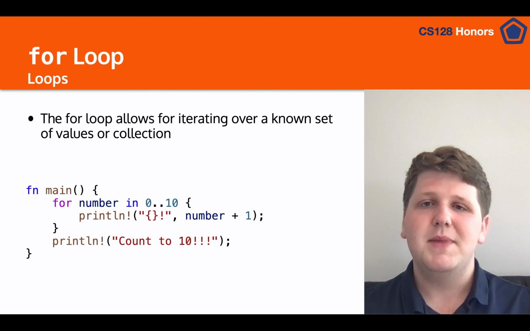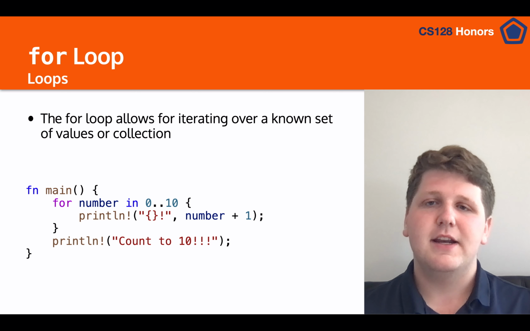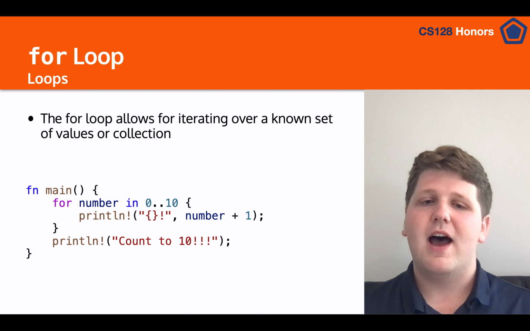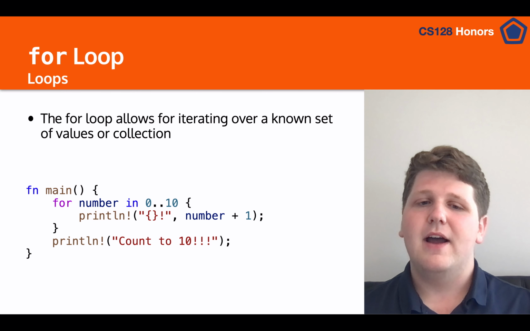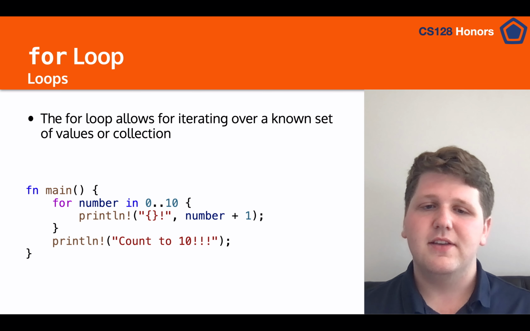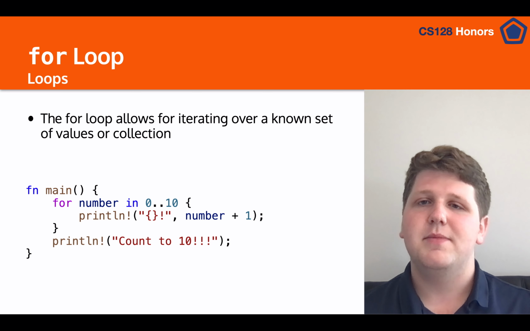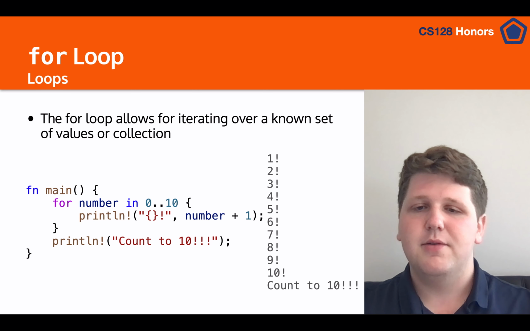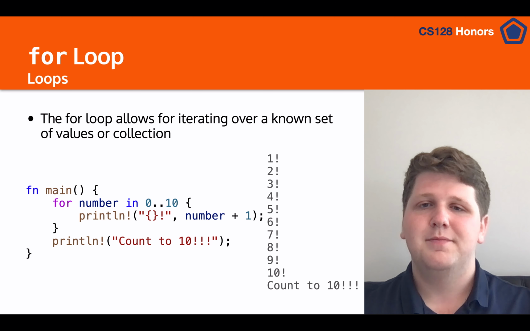What that essentially means is that it starts at 0 and will go up to but not including 10. This would be similar to saying for int i is equal to 0, i is less than 10, i plus plus. All you're doing here instead is changing that to be a little bit more succinct form. When we try and run this, we'll get 1 through 10 and then count to 10.